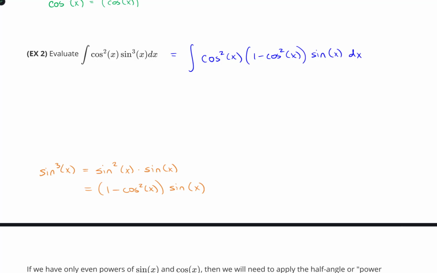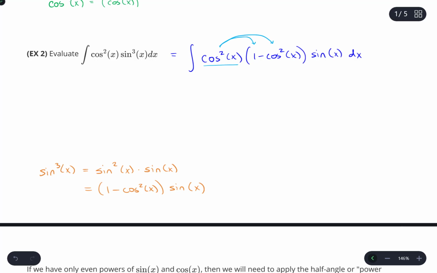Okay, now I could almost do u substitution, but I think there's one additional thing I'd like to do first. I'd like to take this factor of cosine squared and distribute it into this set of parentheses. So that's going to give me the integral of cosine squared x minus cosine to the fourth of x times sine x dx.